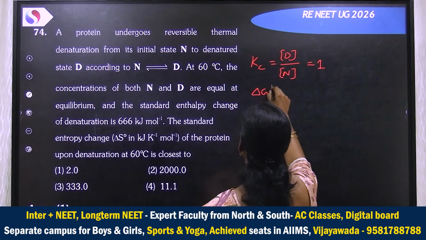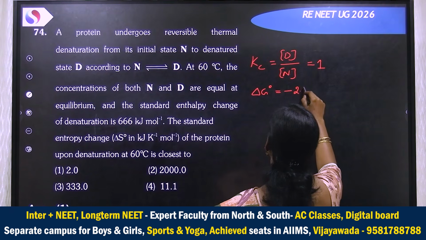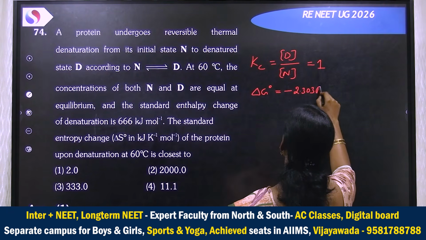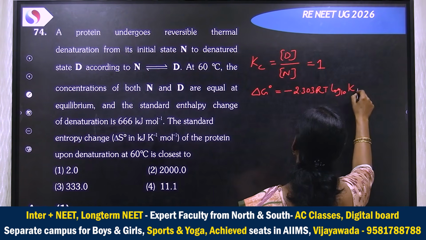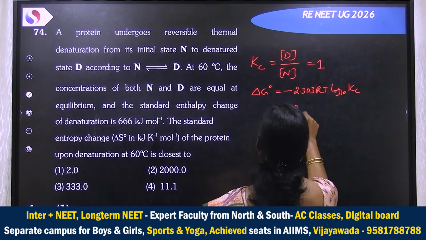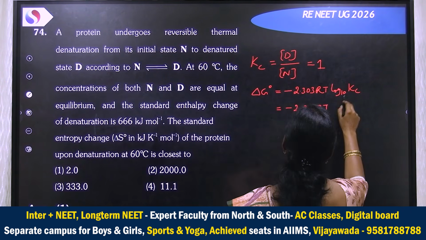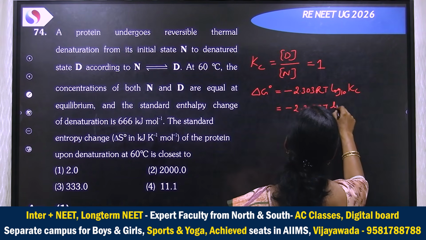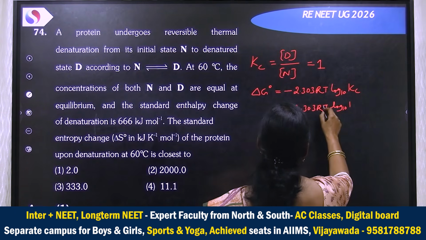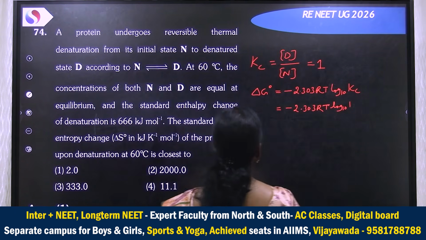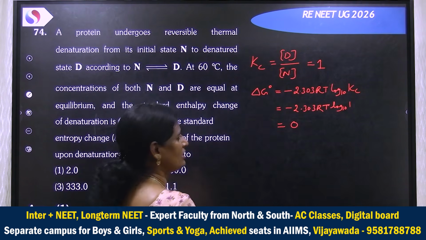Delta G naught equals minus 2.303 RT log to the base 10 Kc. So log Kc value is 1, log 1 is 0, so this term overall becomes 0. So delta G naught, the standard Gibbs free energy change, is 0.